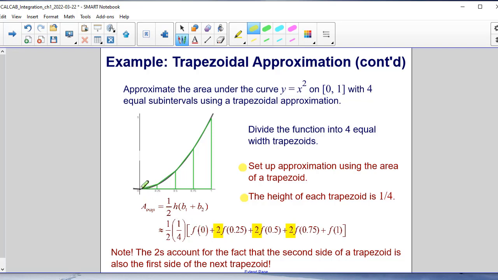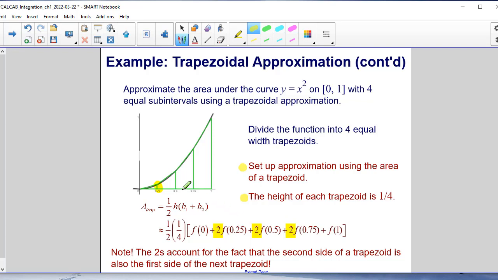So we start here with f of 0, and the first trapezoid ends here at f of 0.25. Now, the second trapezoid starts at 0.25 and goes to f of 0.5. So you'll notice there's a 2 here. The reason there's a 2 is because this f of 0.25 is used twice: the end of the first trapezoid and the beginning of the second trapezoid.